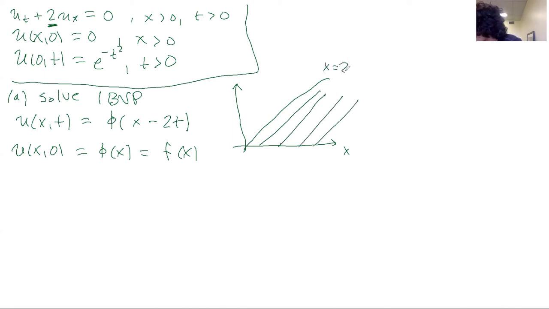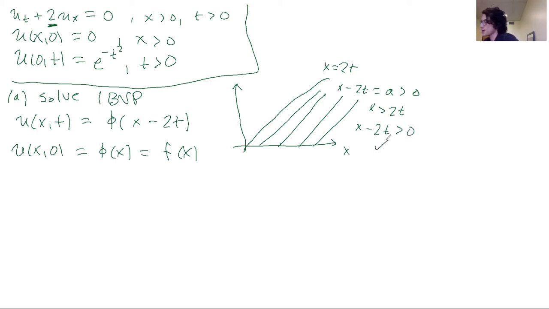This is the line x equals 2t. It's sort of our dividing line. And then these are lines x minus 2t is equal to some constant a, which is going to be greater than 0. It's greater than 0 because we know that x needs to be greater than 2t, so that means that x minus 2t would be greater than 0.